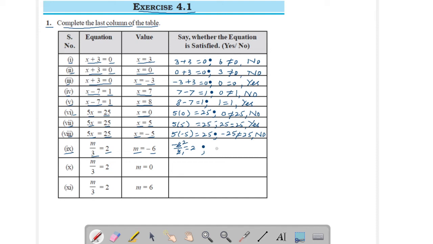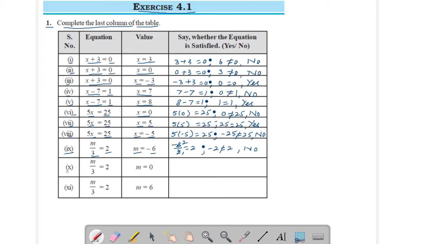That is minus 2 = 2. Minus 2 is not equivalent to 2. Here the left hand side is not equivalent to the right hand side. Therefore your answer is no. It is not a solution of the given equation. This does not satisfy the given equation.